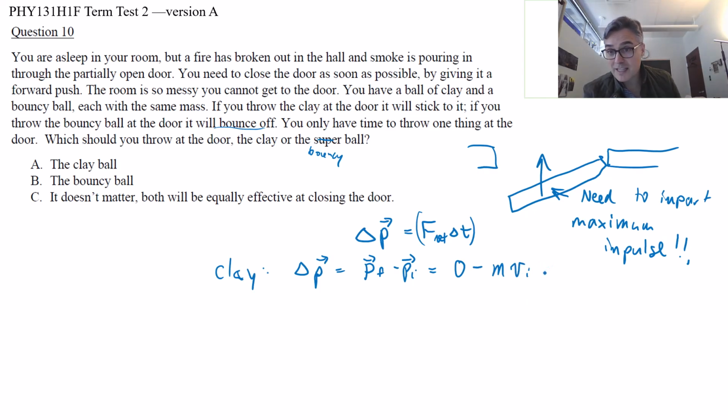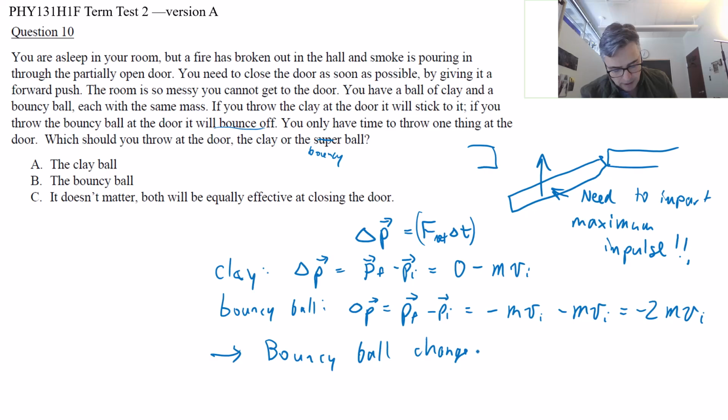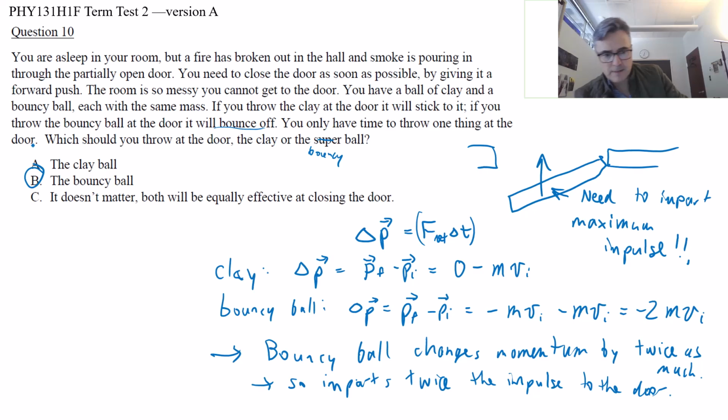And assuming you have the same throwing speed for both of them, the bouncy ball ends with negative mv initial, and negative mv initial minus positive mv initial is negative 2 mv initial. So the bouncy ball changes momentum by twice as much, so it imparts twice the impulse to the door. So it's B.